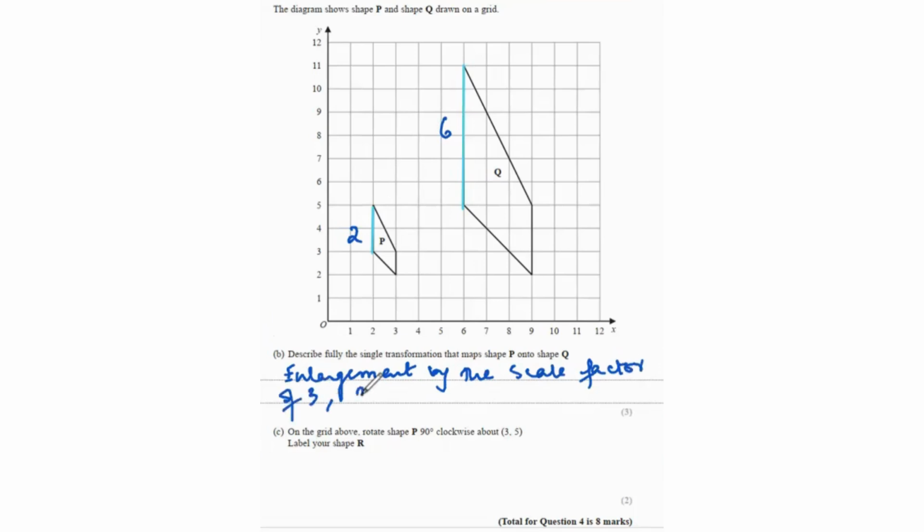Now we need to find the center. So about the center. Now for the center coordinates, I told you we connect corresponding points using a straight line. And the point through which all the lines are passing, that is your center of enlargement.